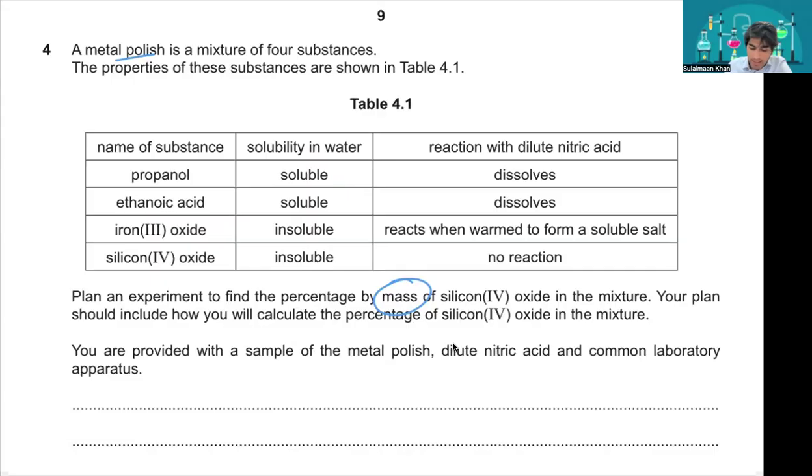But you could go the longer way: first add water, perform filtration, then add dilute nitric acid, warm it and stir it, and perform filtration again, because this will be soluble, and you're going to obtain silicon 4 oxide, then you measure the mass.